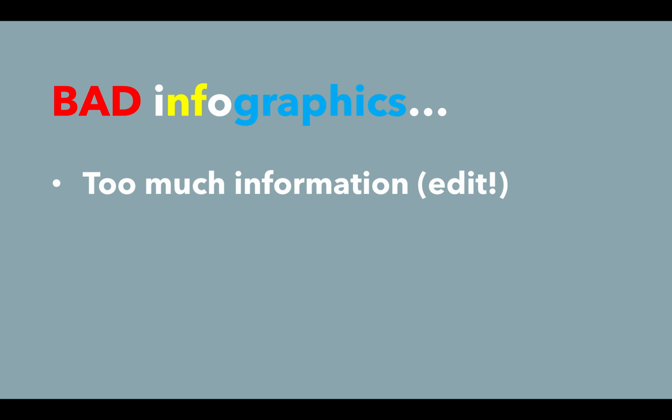The idea of an infographic is to tell a story in a quick, concise way, to boil down information. So if you're putting a ton of information in there, you're completely ignoring the purpose of doing an infographic in the first place. So you want to make sure that you're editing down your information to be relevant, concise, tell a story, but not necessarily include everything about it.